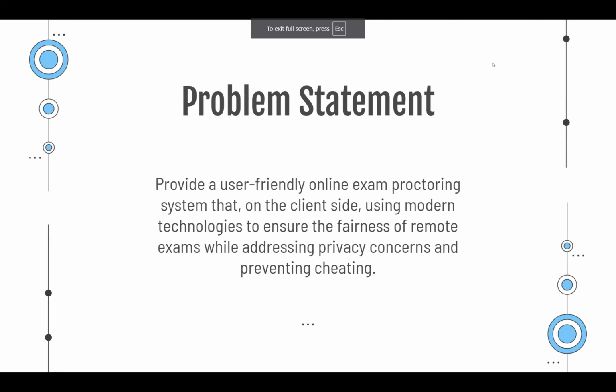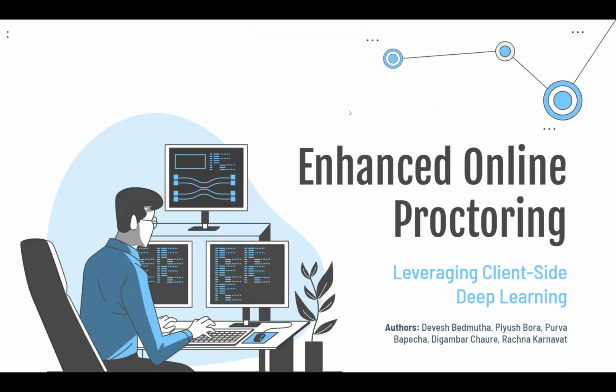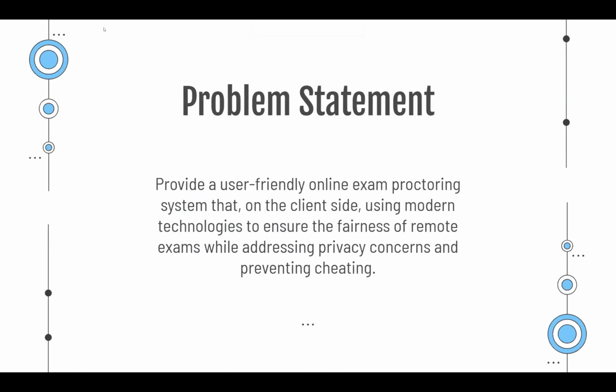Okay. So basically, my presentation topic is the enhanced online proctoring system. Me and my team have been working on the problem statement of providing a user-friendly online exam proctoring system, which works on the client side, unlike the existing systems which process on backend servers and databases.